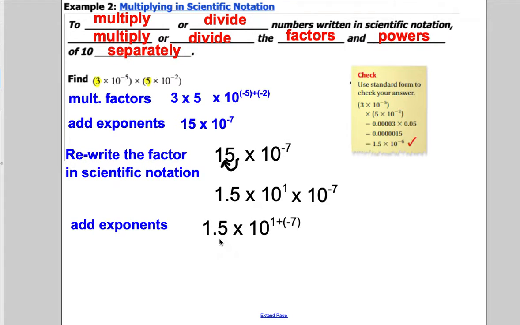That would give me 1.5 times 10 to the 1 plus -7. When I finished my problem, I would get 1.5 times 10 to the -6. Okay, now let's make sure it's in scientific notation. Is my factor a number greater than 1 but less than 10? It is. And I am done with this problem. Stop the video and put your notes in.